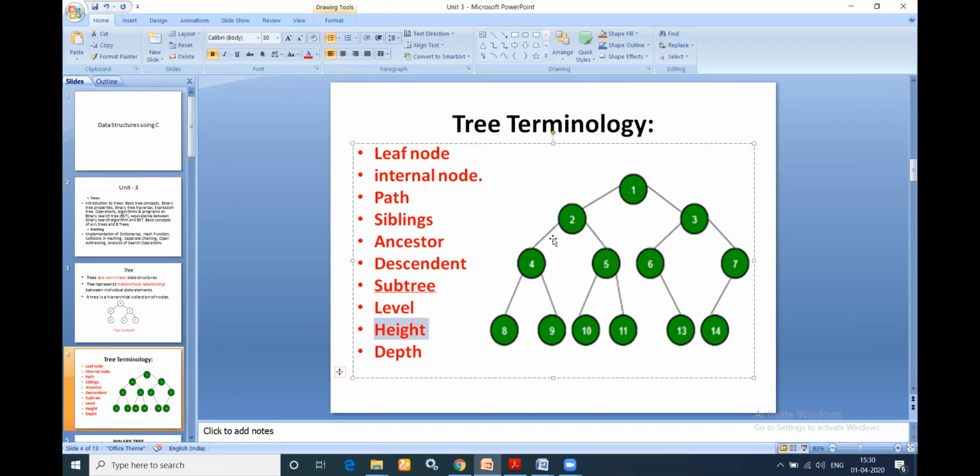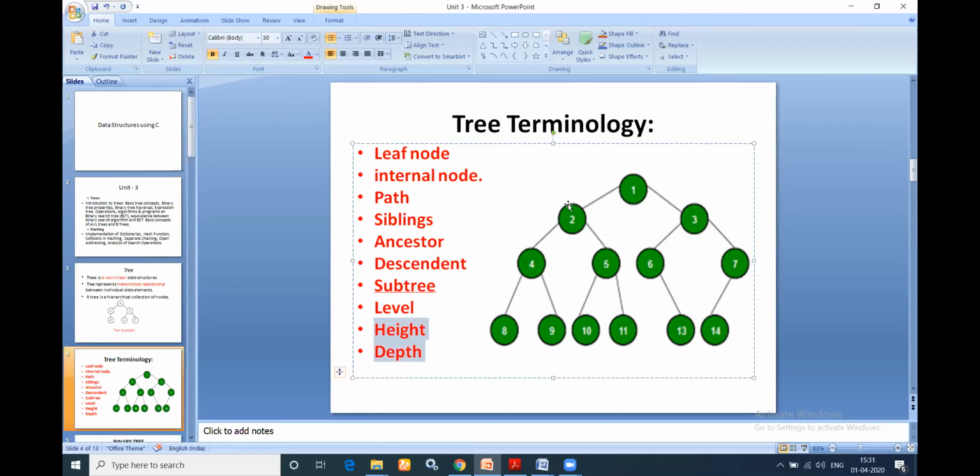Number of edges is nothing but this connected line is called an edge. For this 2 and 4, it is connected with an edge, a line. For this 4 and 8, connected with a single line. This we call edges. We are going to calculate the height and depth based on the edges.